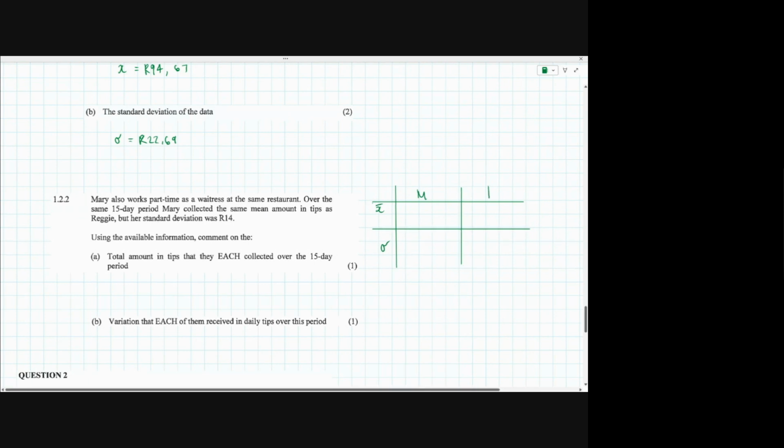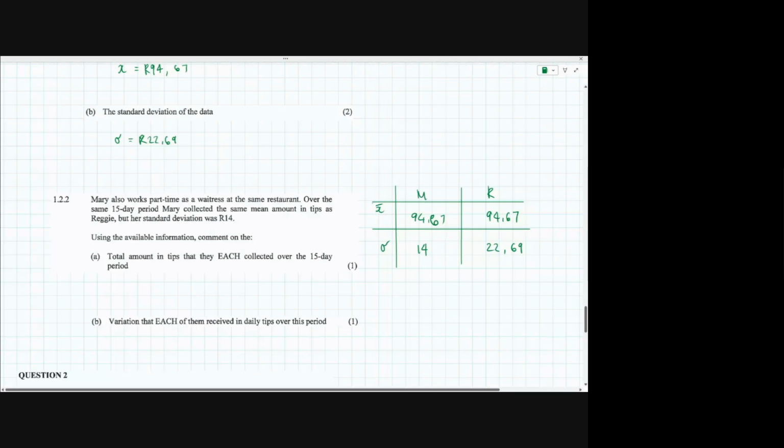Now you've just worked out Reggie's, so his mean was 94.67, standard deviation 22.69. Mary's mean was exactly the same, but the standard deviation was slightly lower.